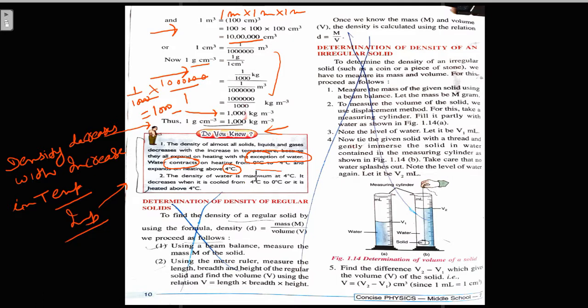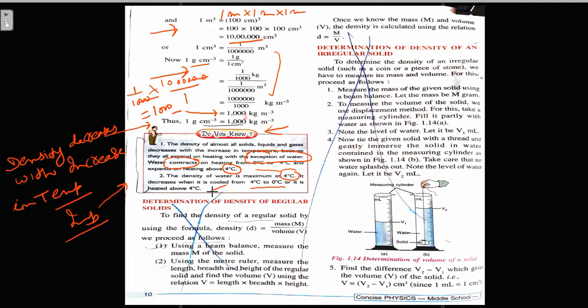The density of water is maximum at 4 degrees Celsius, because up to 4 degrees it contracts, and its density decreases when it is cooled from 4 to 0 degree Celsius or heated above 4 degree Celsius.